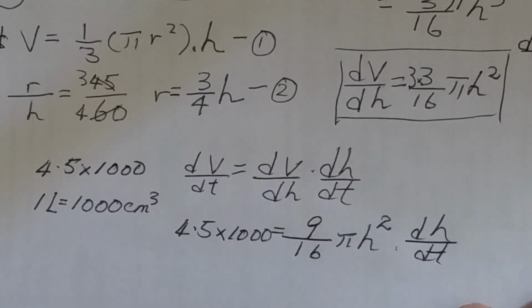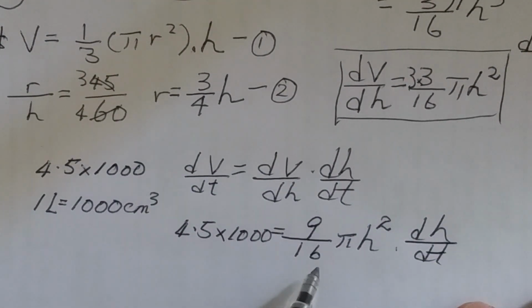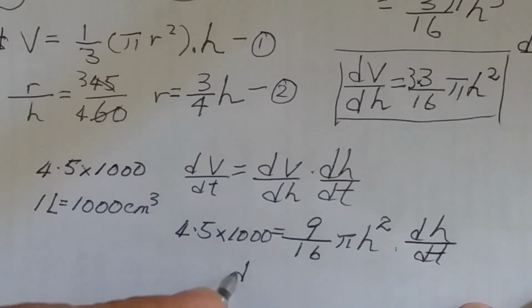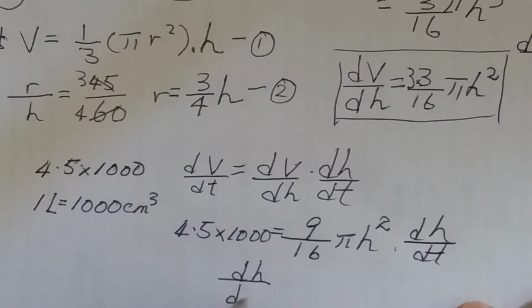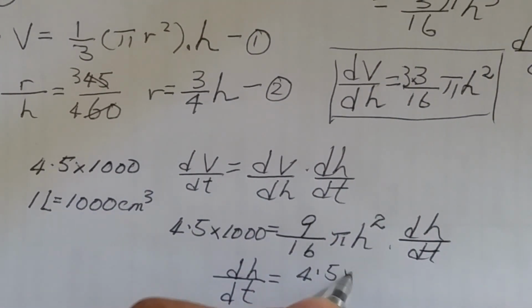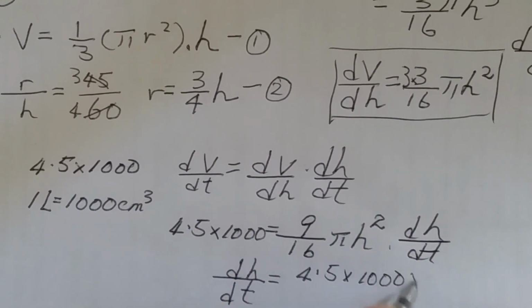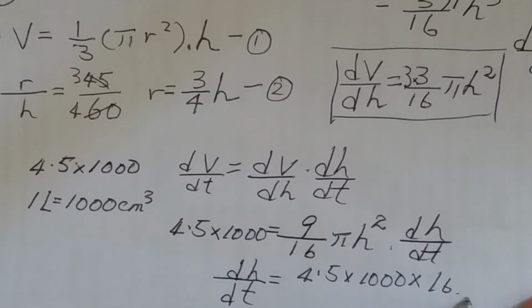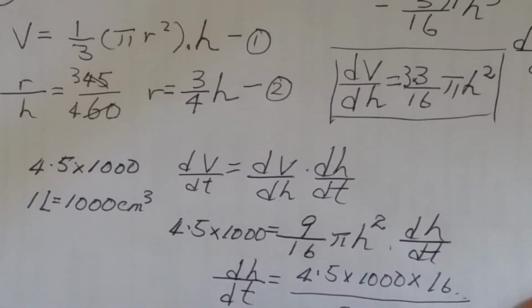Now what we are going to do is put all the extras to one side and rewrite the equation like this one. So you have 4.5 times 1,000 times 16 divided by 9 pi h squared.